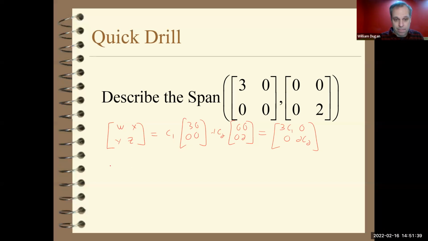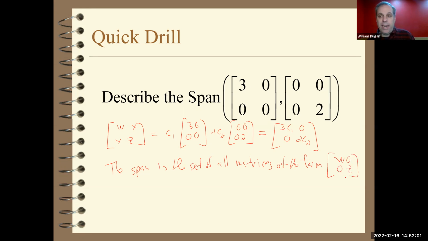So the span is the set of all matrices of the form W, 0, 0, Z, where W and Z could be anything you like. You also don't need to call them W and Z. If you want to say A and B, totally fine. You're just calling those entries something.